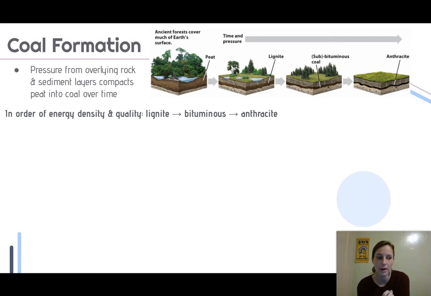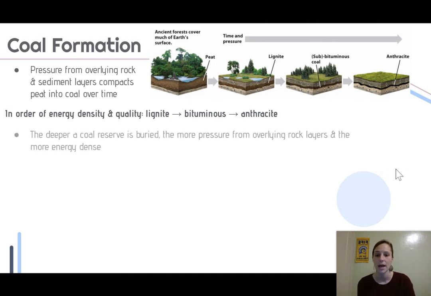So you can remember the lignite starts with L, so it's least dense. And then it just goes in descending alphabetical order after that, where you have the anthracite is going to be the most energy dense. So the deeper the coal reserve is buried, the more pressure you're going to have on top of it, and the more energy density there is going to be.